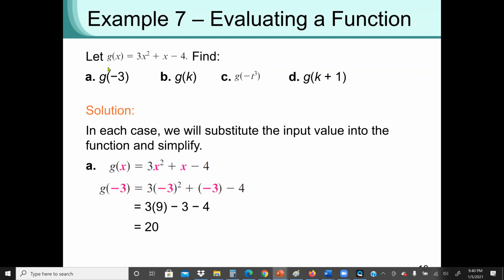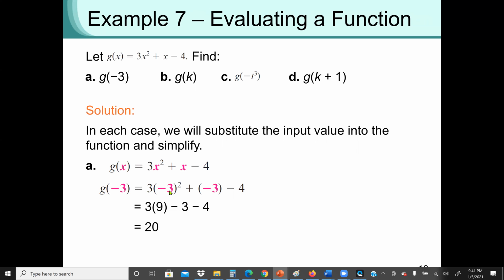Let's say we have a function g of x equals 3x squared plus x minus 4. Now they say we should find g of -3. This means anywhere we see the value of x, we are going to substitute it with -3. So g of -3 means 3 times (-3) squared, plus -3, minus 4.